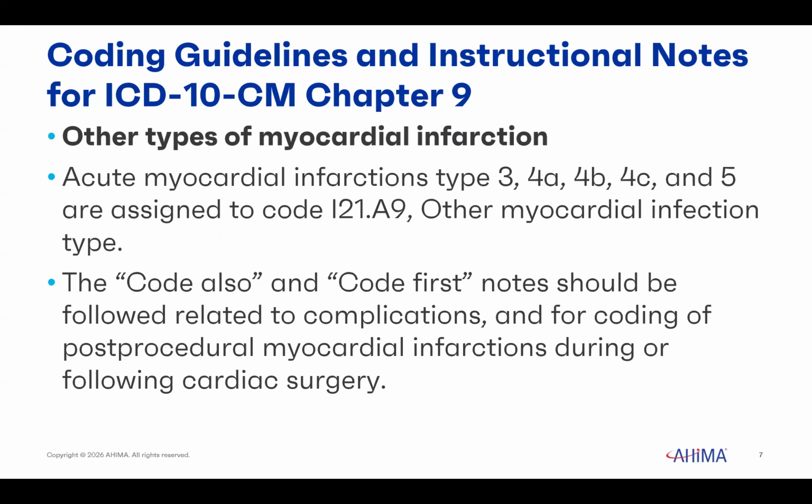And of course, there are other different types of myocardial infarctions, or some of these terms you'll see are type 3, 4A, 4B, 4C, and 5. There are a lot of code first and code also notes that you'll see with these, so it's important to get those right by reading the documentation.